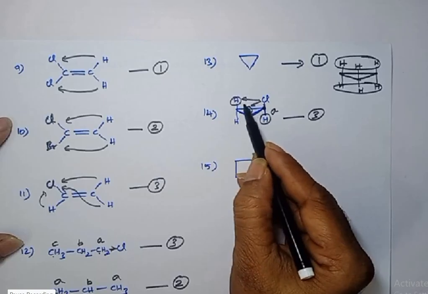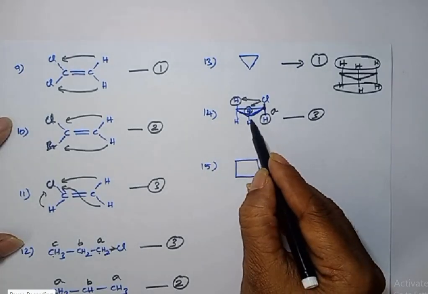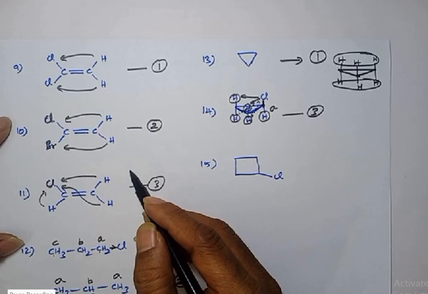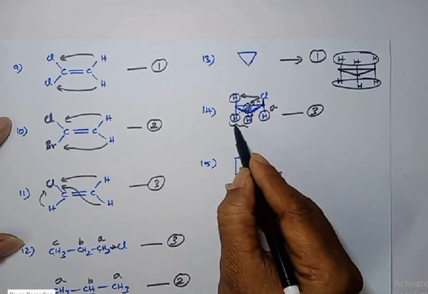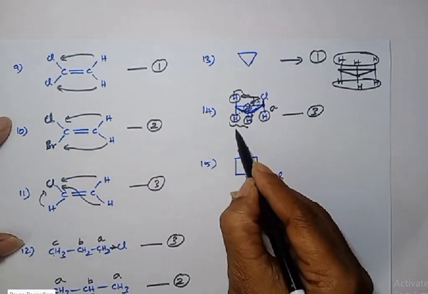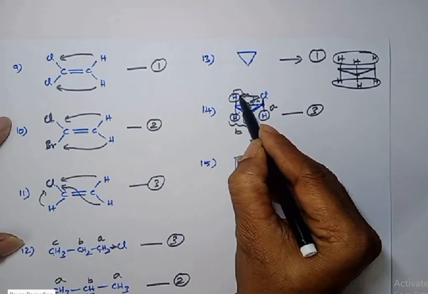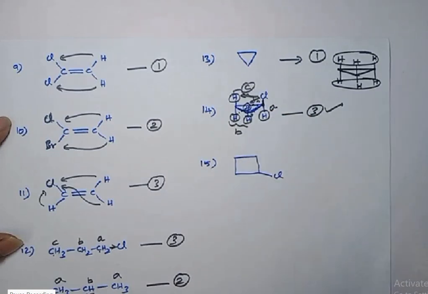So these 2 protons are in one environment. Whereas the other 2 hydrogens which are below the plane are facing away from the chlorine, in the downward direction. And their environments are different. So these 2 hydrogens give one signal and the other 2 hydrogens give another signal. So we get 3 signals for this compound.